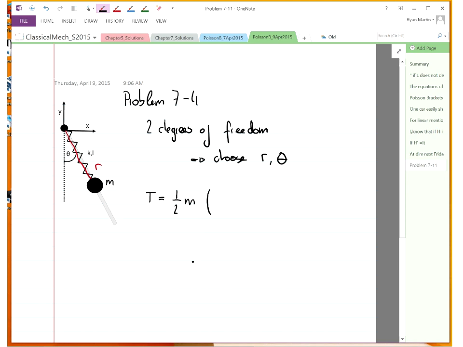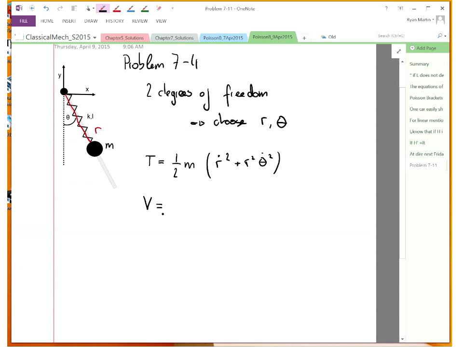The coordinates that I've chosen are polar coordinates, and we've shown this before. So I'm just going to write out that the kinetic energy is half m times r dot squared plus r squared theta dot squared. If that's not obvious to you, you should go back and look at your notes. You derived it in one of the assignments, and we've done this problem before.